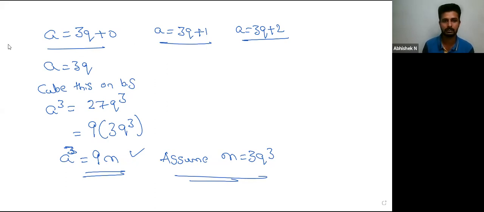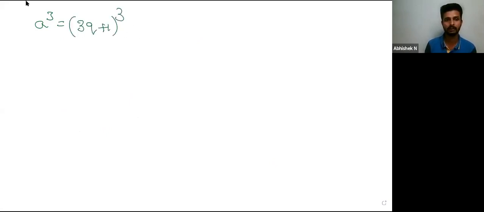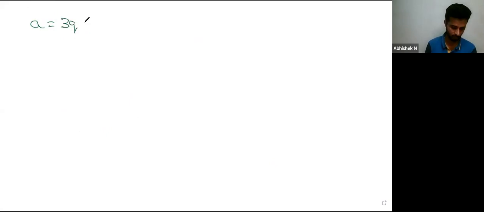Similarly, we prove the other two. Now the second one: a cube is equal to 3q plus 1 whole cube. Now we have the equation a is equal to 3q plus 1, right?